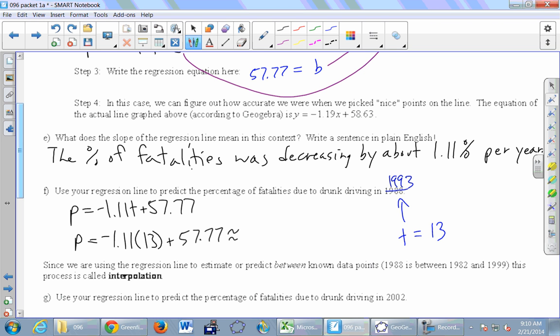Somebody with a calculator will help us out here. How much? 72.2. Did you type in a negative at the start?